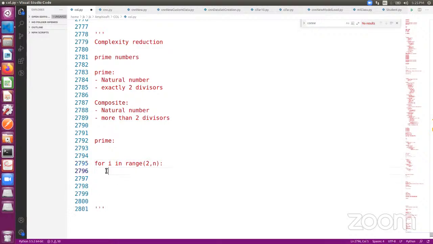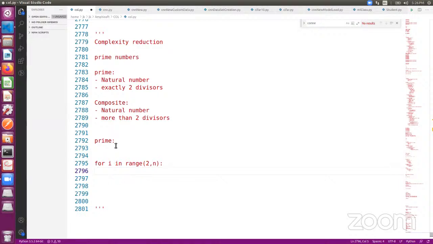So 2 to n. What would be the inner logic? When do we say that it is not a prime number? Any number between this range, 2 to n minus 1 actually, if it divides the value n, then it is not a prime number.